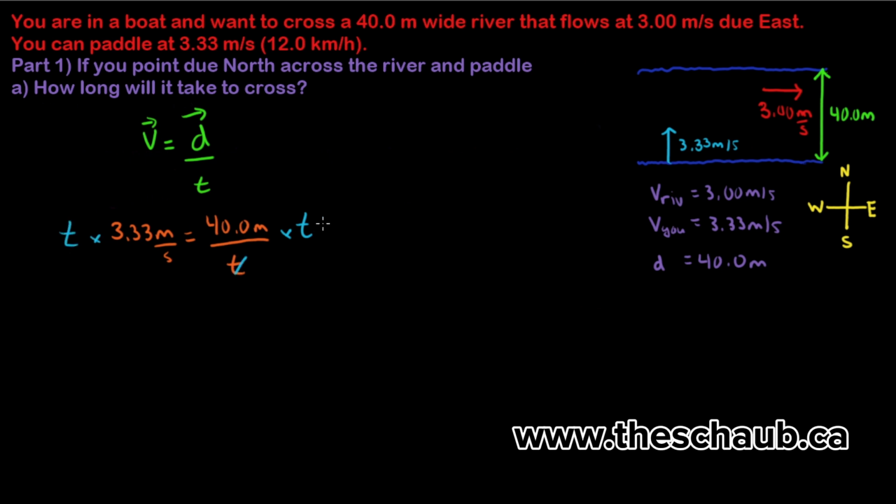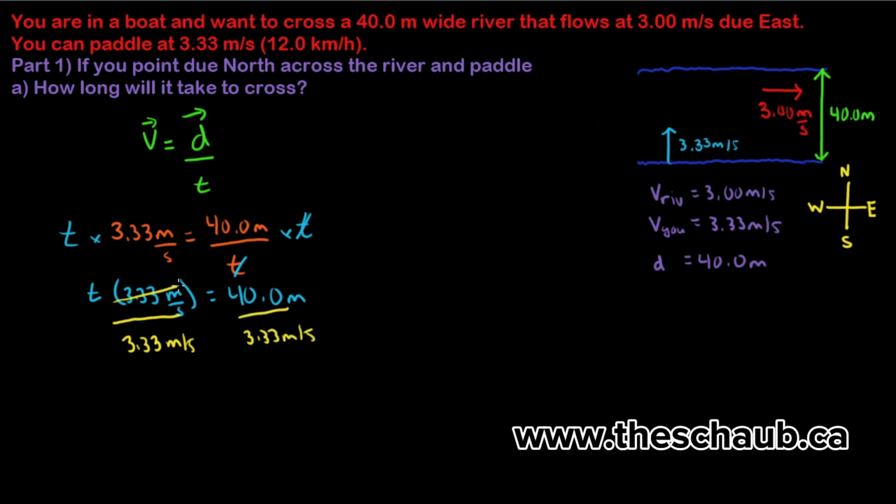On this side, our t divided by t equals 1, and it cancels out. So we're left with t multiplied by 3.33 meters per second is equal to 40 meters. Our t is multiplying our 3.33 meters per second, so we have to do the opposite to get it all alone. So we divide both sides by 3.33 meters per second.